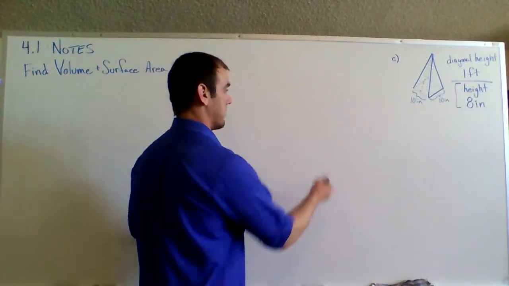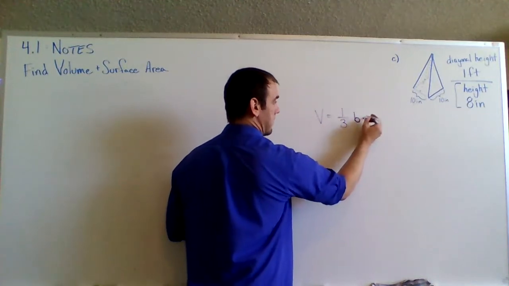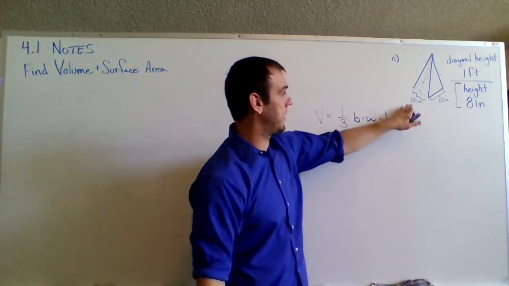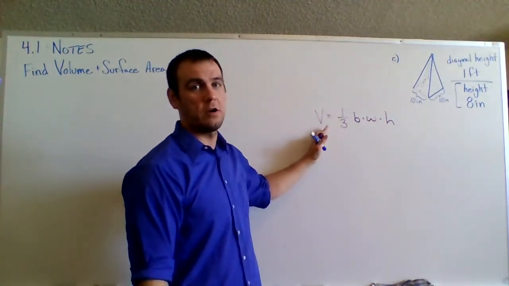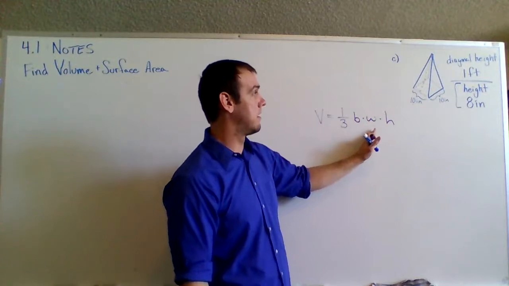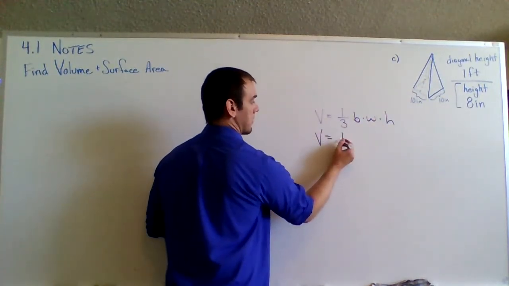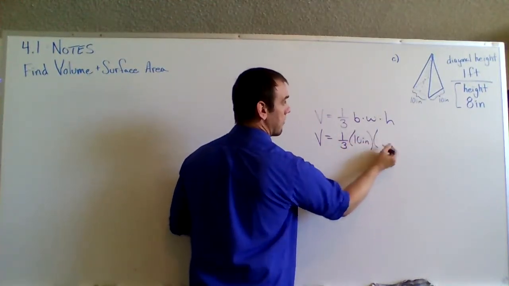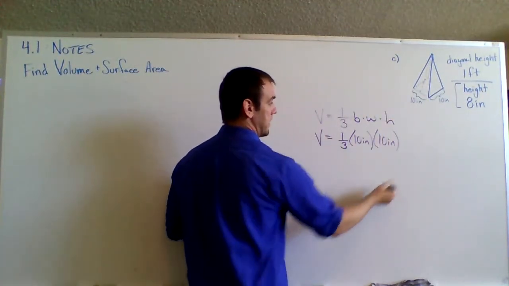So, let's talk about volume. Volume, I said, is going to be 1/3 base times width times height. Here my base and my width are both going to be 10. So we're going to get 1/3, 10 times 10 times my height, which will be 8. So we have 1/3, my base is 10 inches, my width is 10 inches, my height is 8 inches.